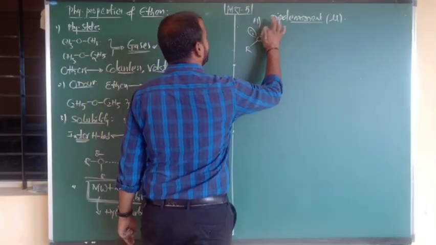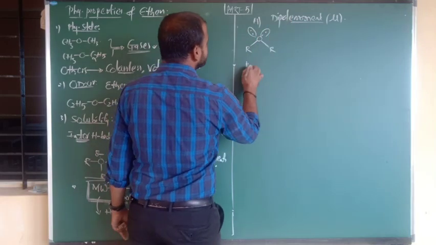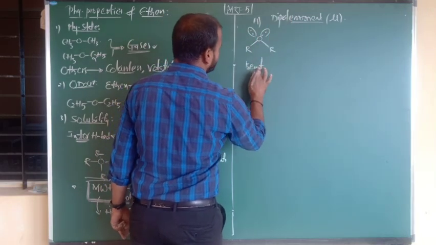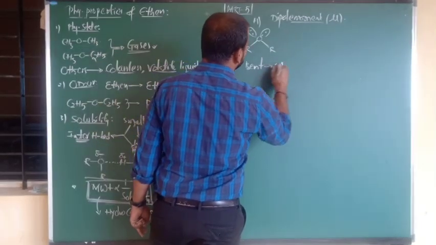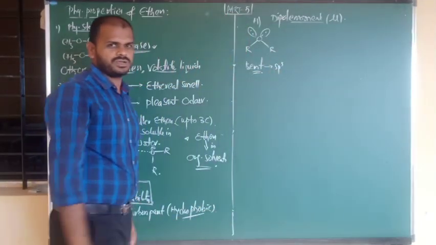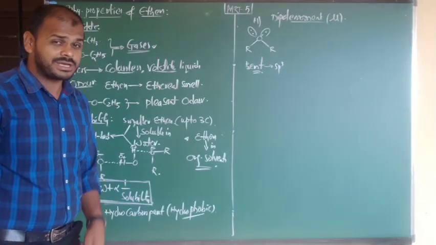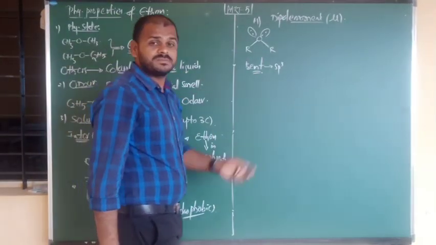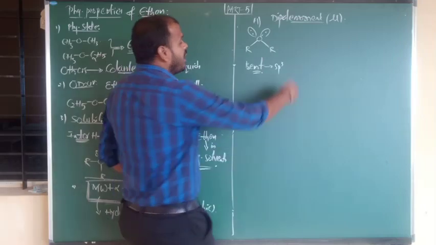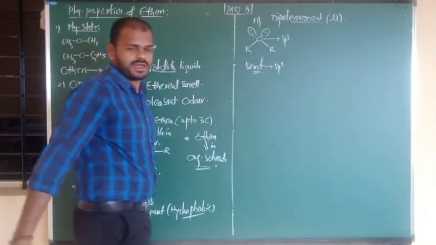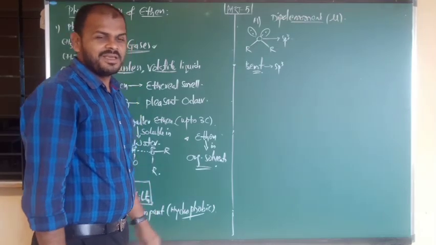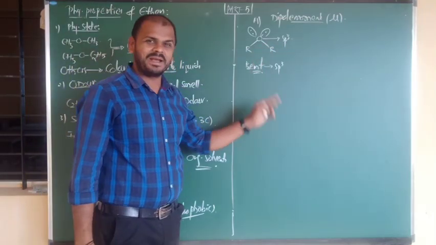I am writing here 2 lone pairs. The shape of this molecule is bent shape, same as the water molecule, and oxygen undergoes sp3 hybridization. Same like water molecule, sp3 bent shape.